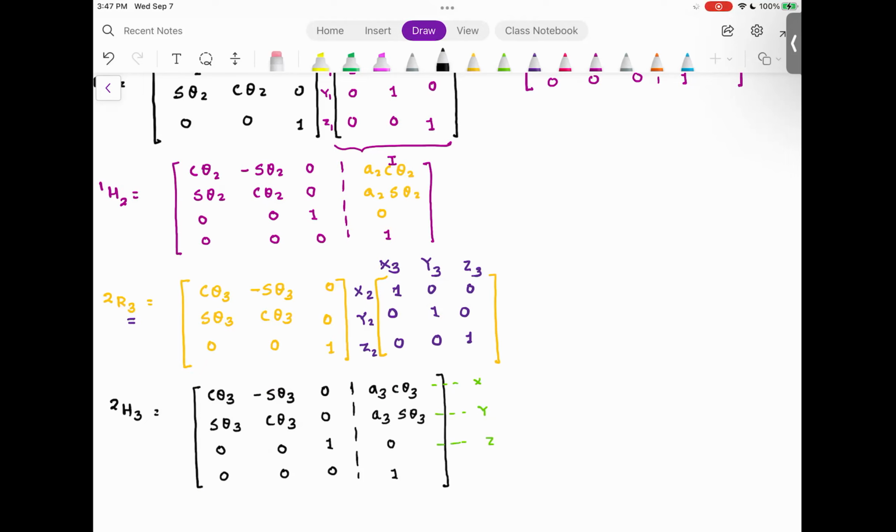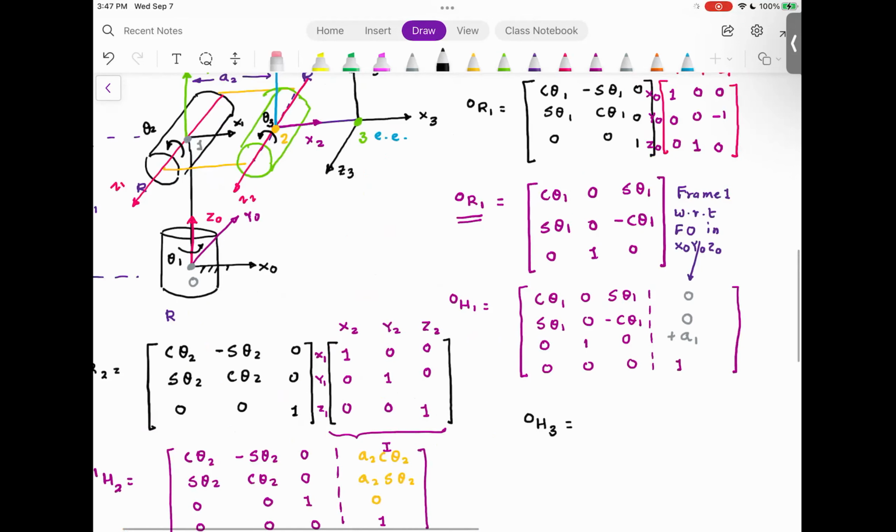So now let's see what we have to do. I want to find out 0h3. That will give me the position of the end effector with respect to the 0th frame. So this should be 0h1 multiplied by 1h2 multiplied by 2h3.